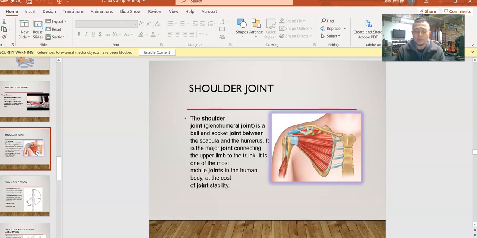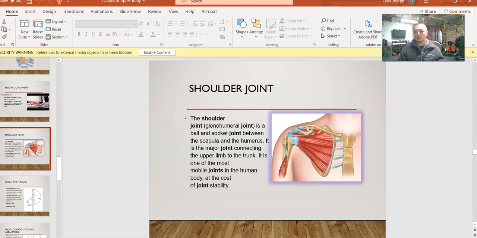The shoulder joint, often referred to as the glenohumeral joint, is a ball and socket joint between the scapula and the humerus, which is the long bone of the upper arm. It is the major joint connecting the upper limb to the trunk. It is one of the most mobile joints in the human body, and right here, pay attention, it is at the cost of joint stability.